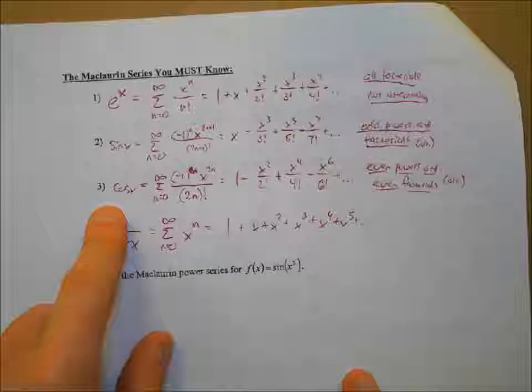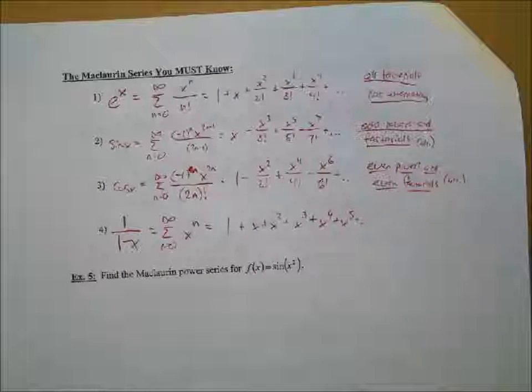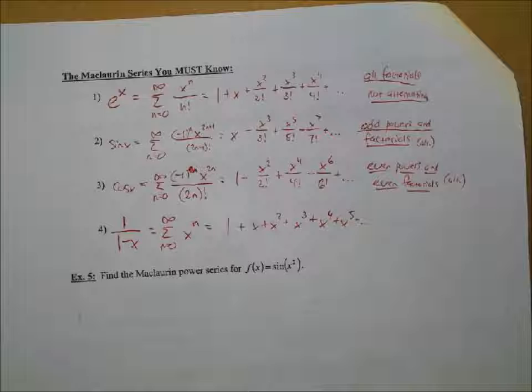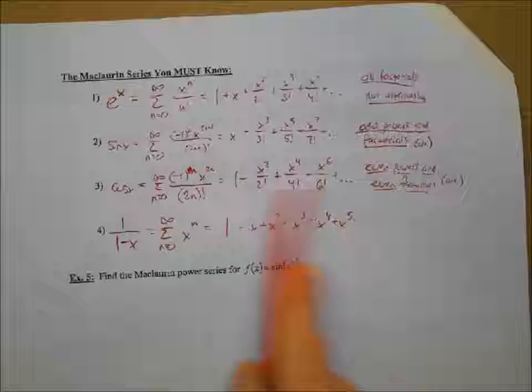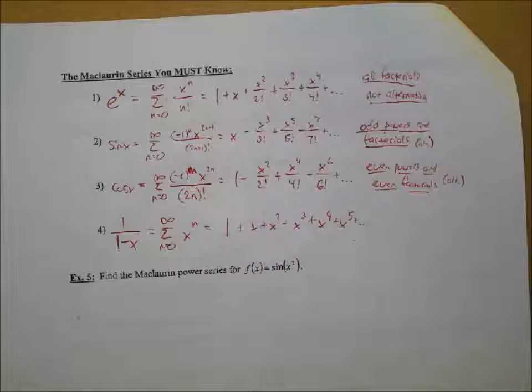So cosine's even, sine's odd, and that can help you remember which powers and factorials go with which one too. I can't necessarily say that that's exactly why they end up that way, but it might be related at least, because you're using an even degree polynomial to approximate it here, so possibly. So that can help you there.